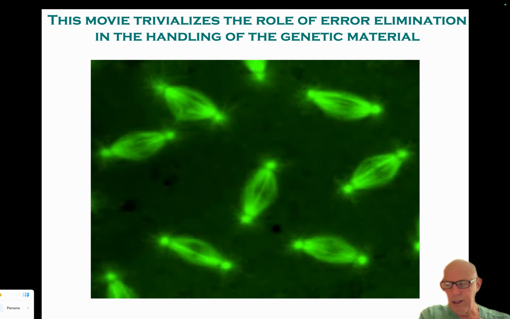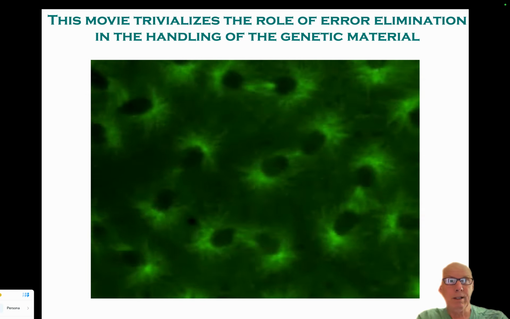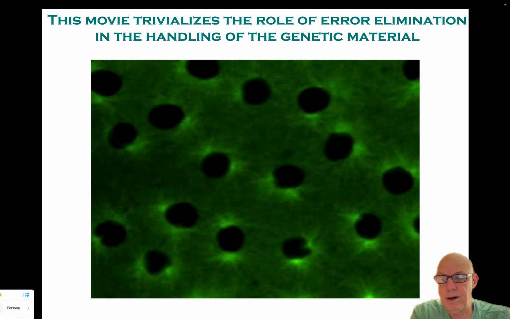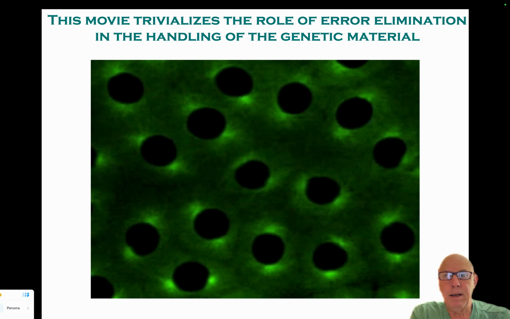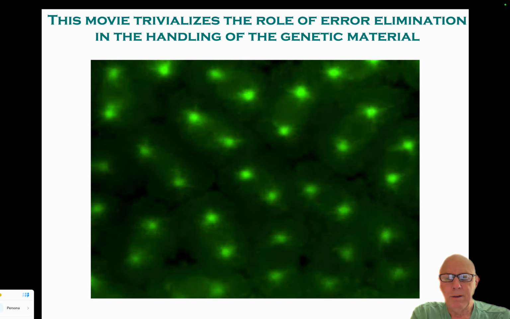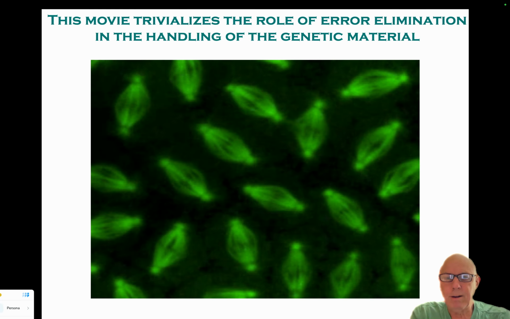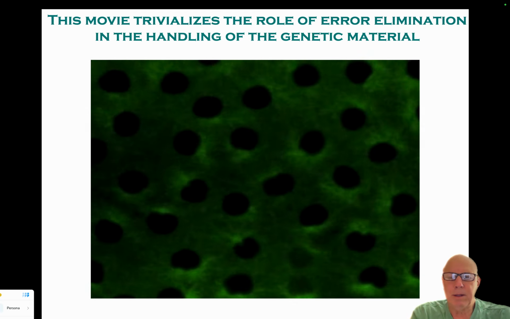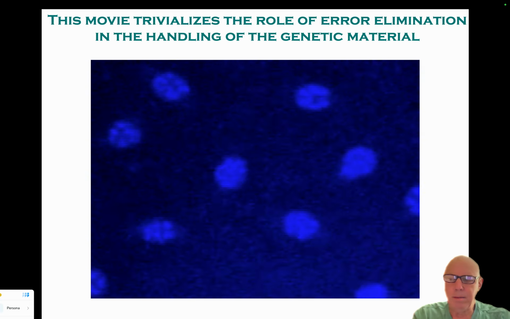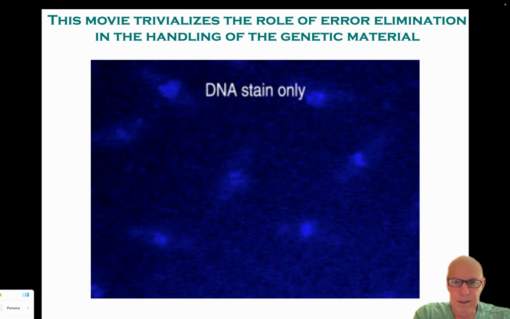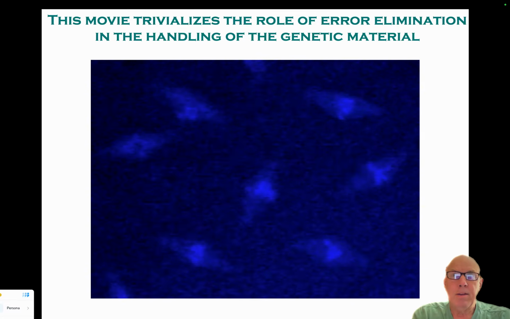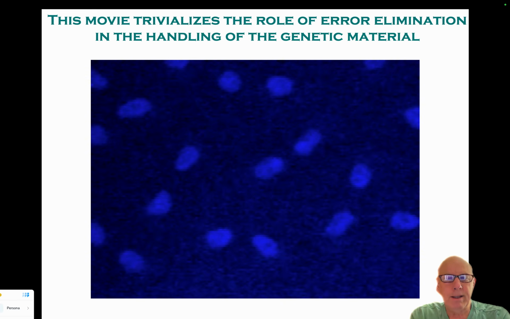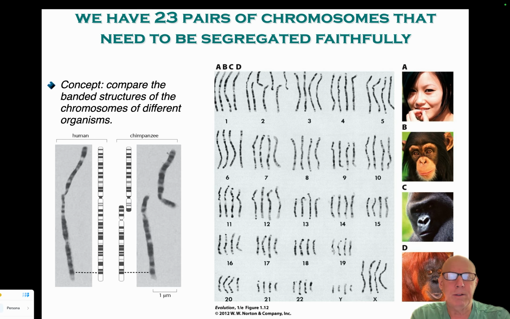So just like in the case of translation of proteins, we want to make sure that the right tRNA is admitted into the ribosome for peptide bond formation. Here, the cell wants to make sure, if you'll let me use the term purpose, that there are the exact correct number of attachments between microtubules and chromosomes.